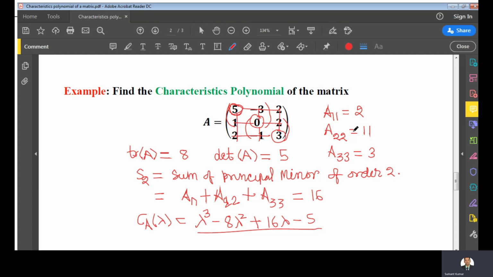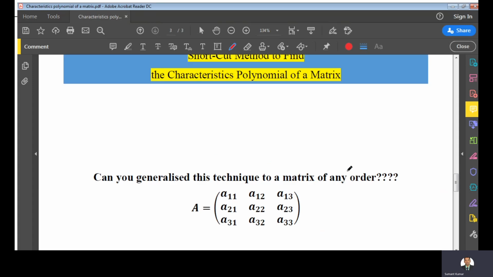So my question is, can you generalize this technique to a matrix of any order? This is the question, and I hope you will comment with the formula.